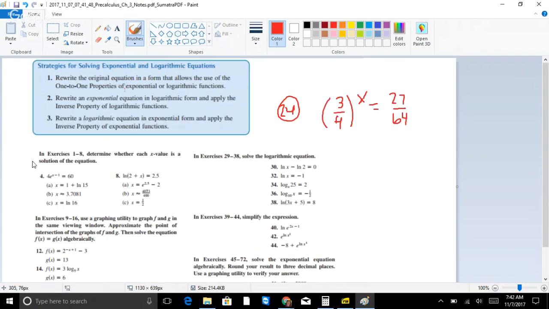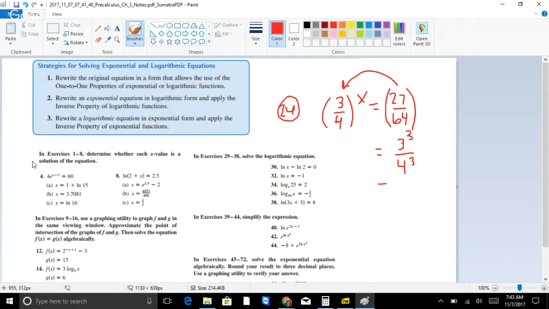The strategy that we're going to use for this is this first strategy: rewrite the original equation in a form that allows the use of the one-to-one properties. So if I can rewrite this 27 over 64 as 3/4 to some power, then I know that the two powers equal each other. That's what I mean by one-to-one property. I just happen to recognize that 27 is 3 cubed, and 64 happens to be 4 cubed.